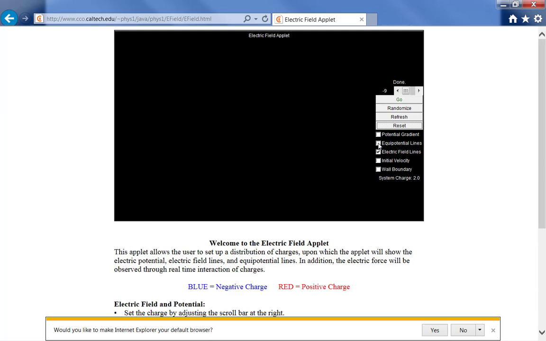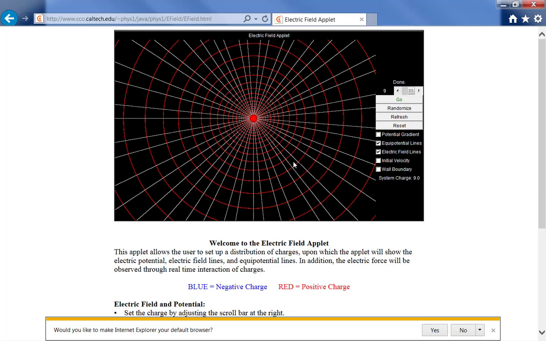Let's now turn on the equipotential lines. Okay. And let's start with a big positive charge. There it is. So what do we see? The white lines are the field lines, and the potential lines are circles surrounding my charge.